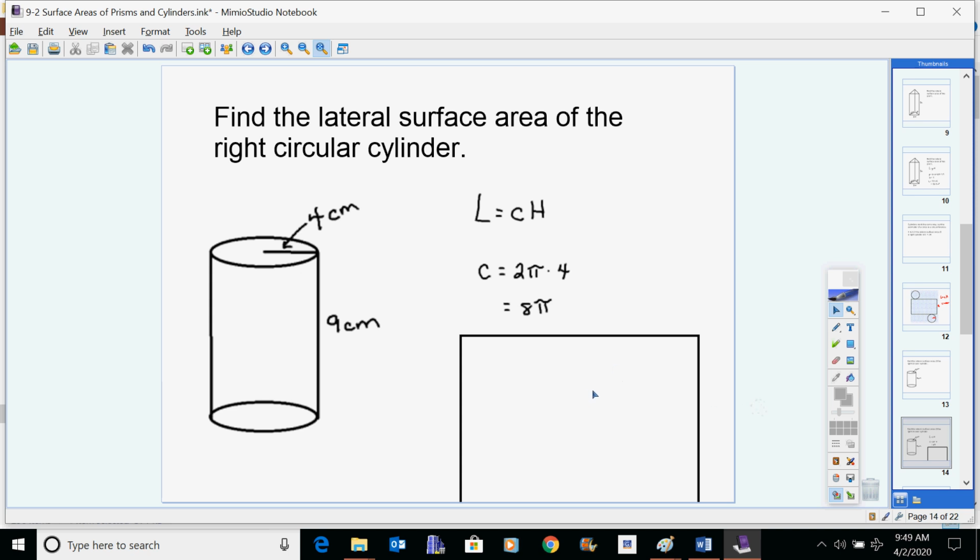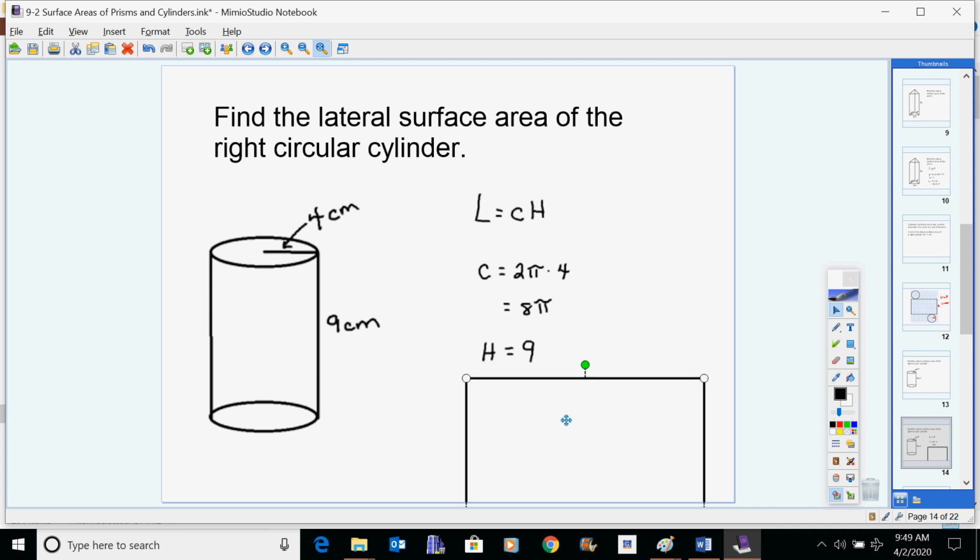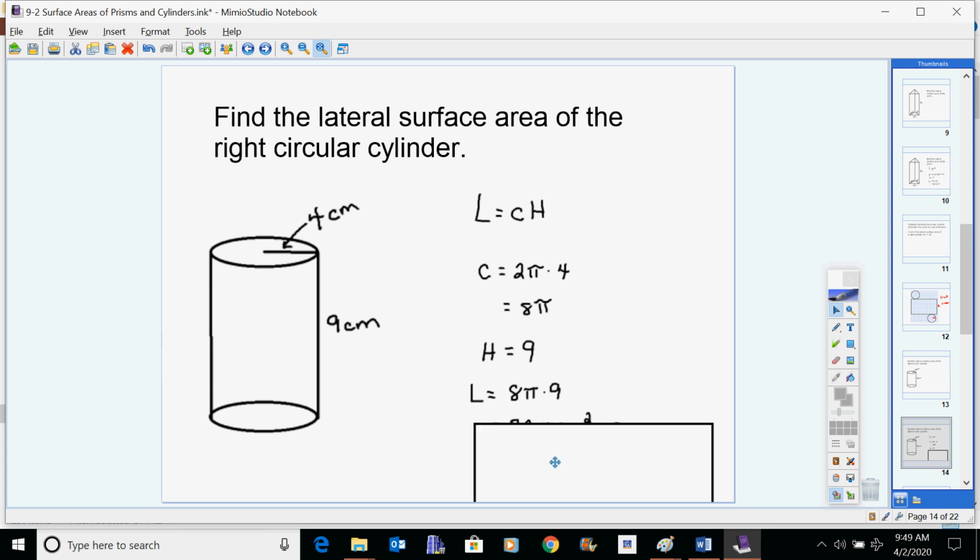There are two ways that you could handle it. The problem could say round your answer to the nearest tenth, or it could say give your answer in terms of pi. And either one would be fine depending on what the question is asking. Here our height is 9, so you're really just taking 8 pi times 9, which is 72 pi centimeters squared.